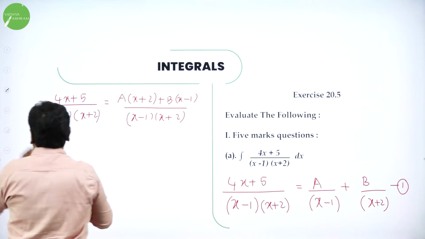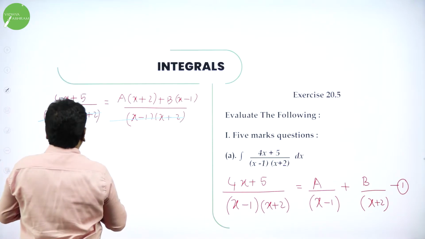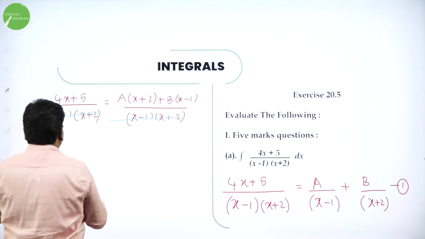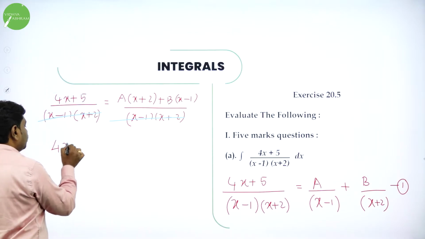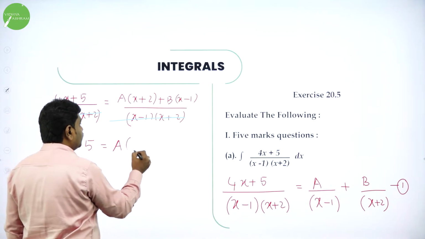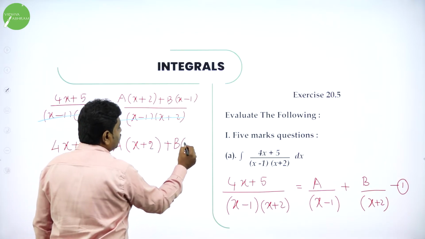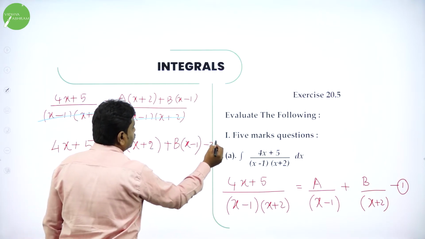As usual, like in partial fraction, the denominators are the same, I can cancel. Now equate the numerator and call this equation 2. What is the numerator? 4x plus 5. Here what is the numerator? a into x plus 2 plus b into x minus 1. Call it equation 2.